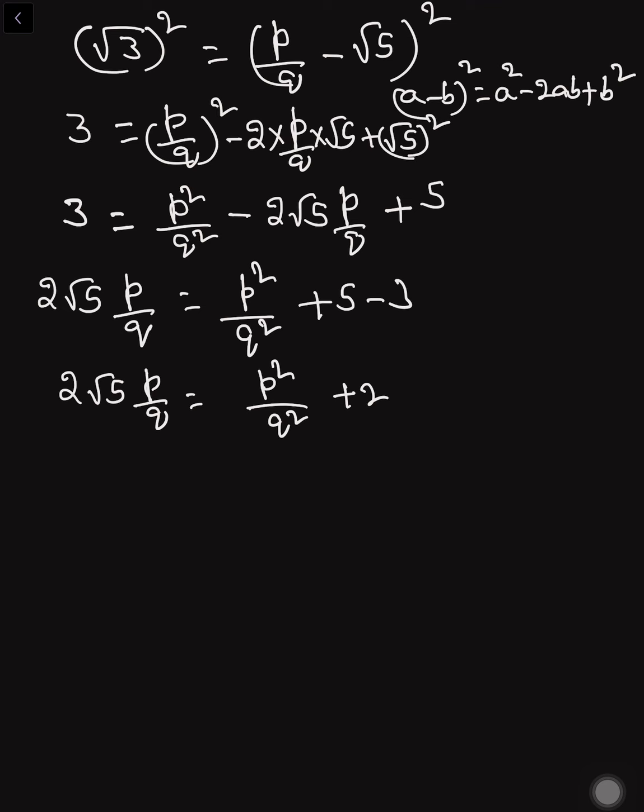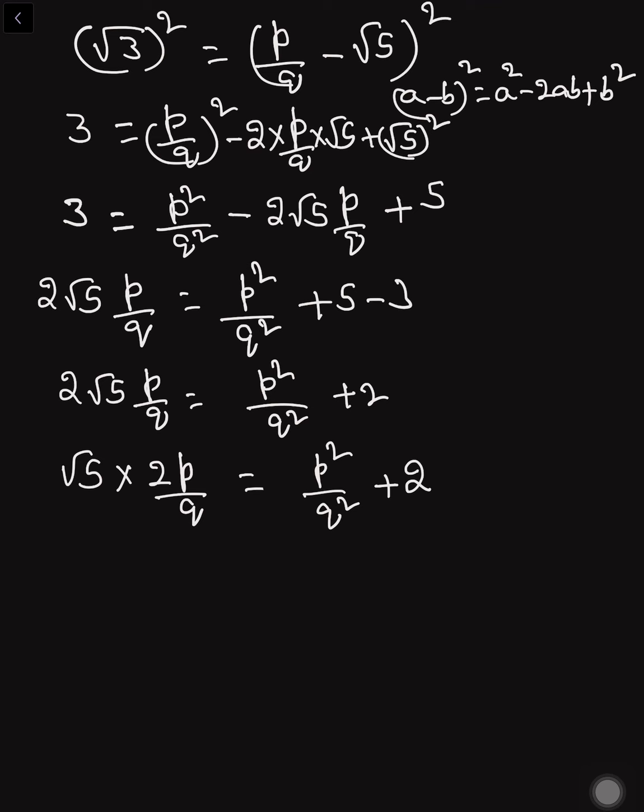Now you can write like this: root 5 into 2p by q is equal to p square by q square plus 2.